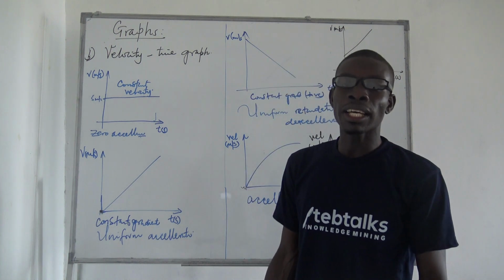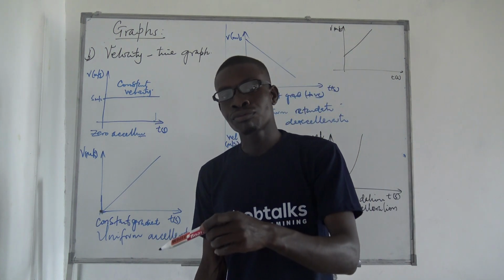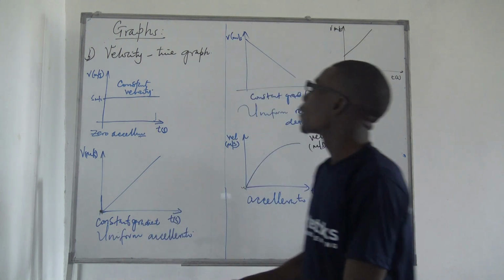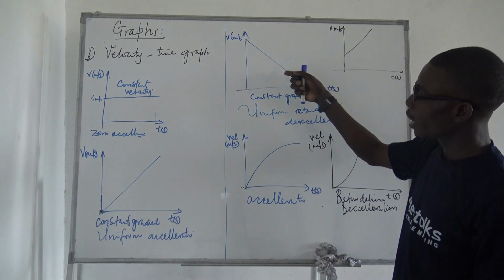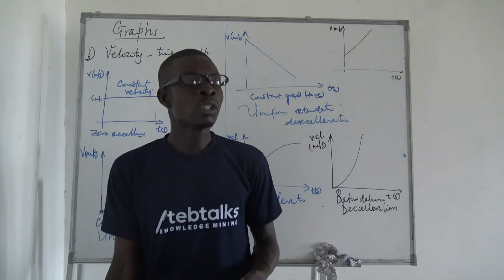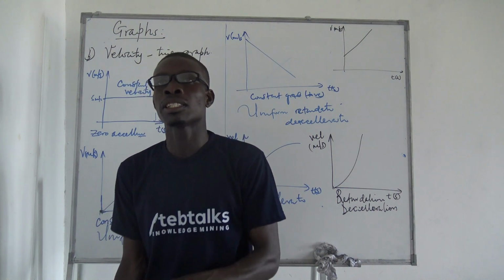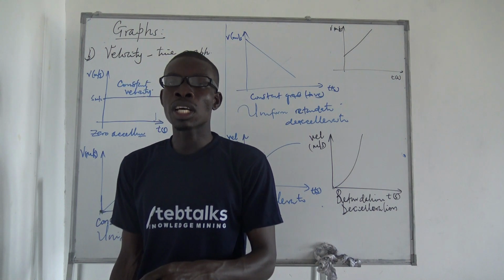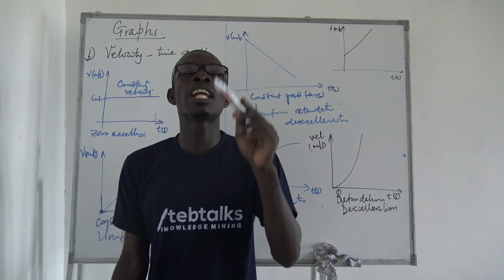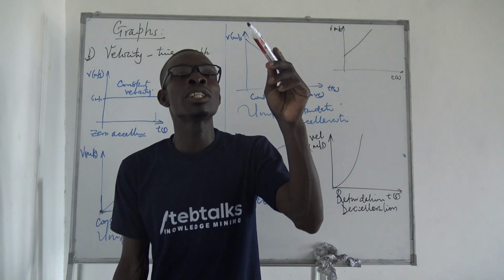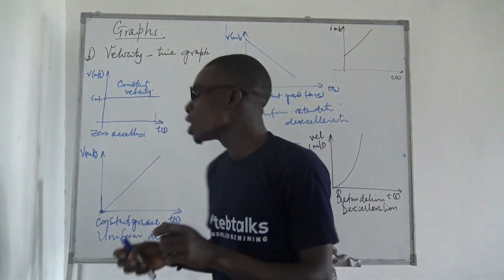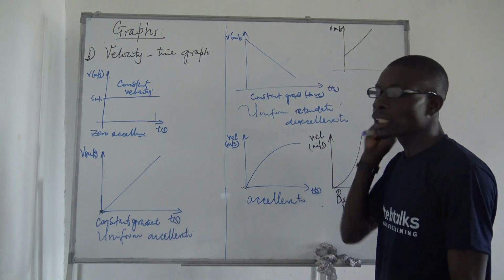And then if you say every 5 seconds I will be decreasing the speed by 10, I drop it down, we say you are uniformly retarding. Is that okay? And then also, if you increase it anyhow, not saying every 5 seconds the same amount, maybe in 5 I will increase by 5, in another 5 instead I will increase by 10, in another 5 I will increase by a different amount which is not constant, we say you are accelerating, but not uniformly.